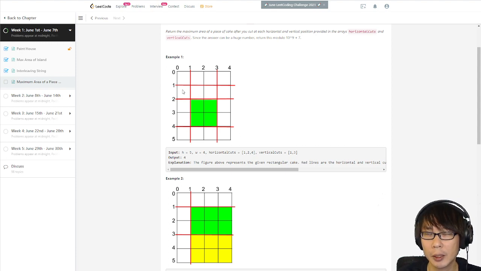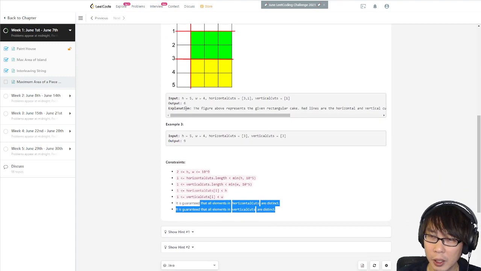So the area will be just the largest horizontal distance between cuts times the largest vertical distance. So this is horizontal distance, this is vertical distance. Anyways, we are just trying to find the longest distance between two lines in here, and the longest distance between two lines in here, right? So let's see the hint.